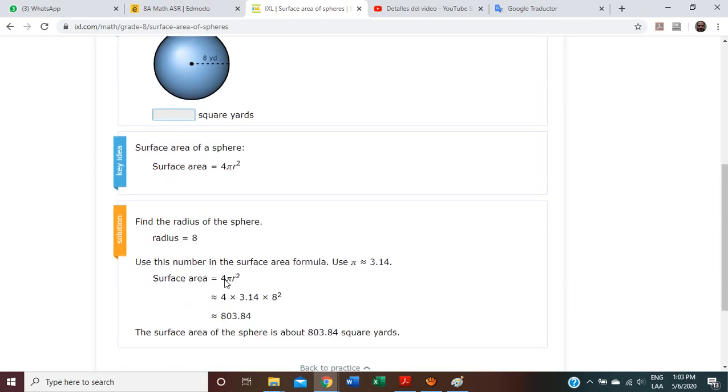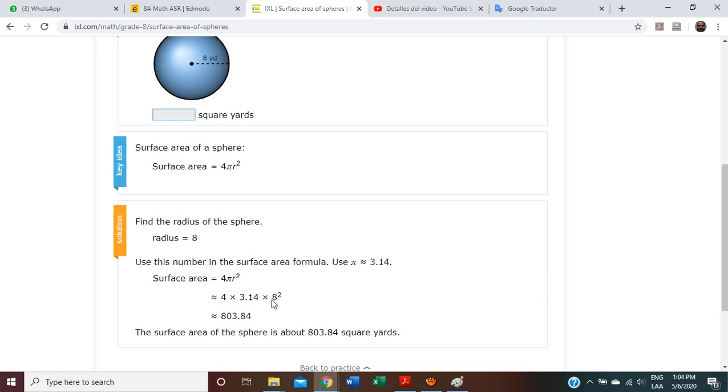If we substitute the values that we already know, it's 4, which is part of the formula, times 3.14, which is the value of pi, times 8, the value of the radius, and we're going to elevate the radius to the power of 2.